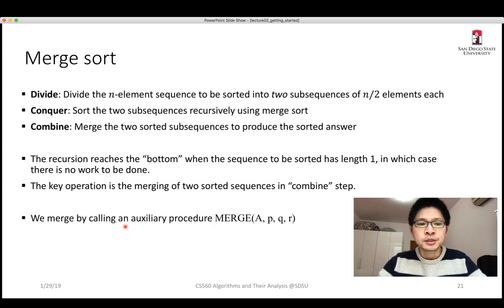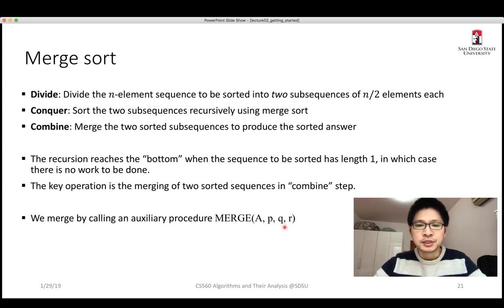We need to merge by calling an auxiliary procedure named merge. This is a procedure that we need to implement first before we implement the complete merge sort. We need to first have a merge procedure that does the combine step for us.